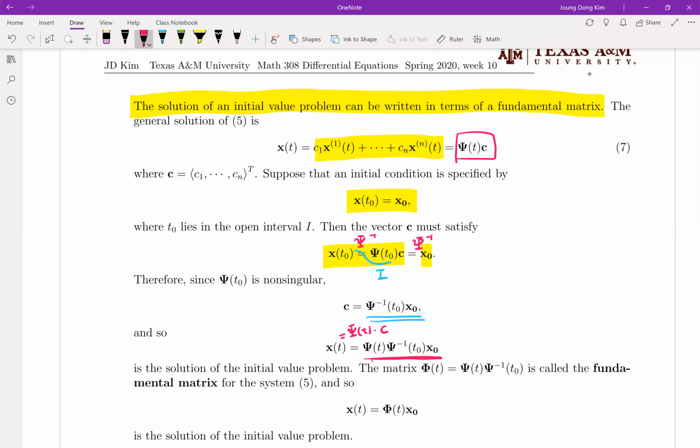So simply, if I define the matrix phi as psi t times psi inverse of t0, we say that is the fundamental matrix for the initial value problem. Then your solution can easily be found as just phi t times x0.